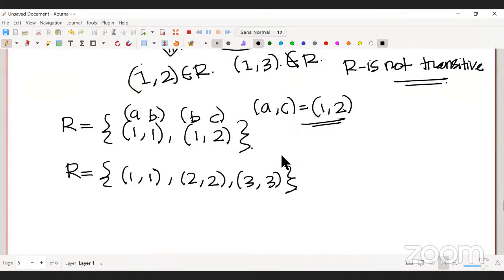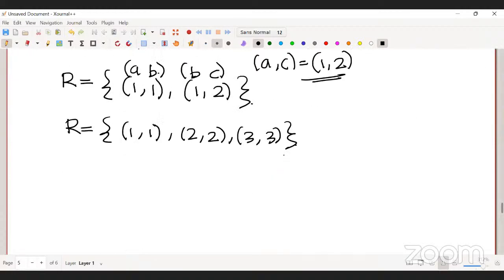If you take this element, it is in the form of A comma B, but it is not in the form of B comma C. This is also not in the form of B comma C, because here B is 1, but here you have something different, 2. So I don't have to check that condition.